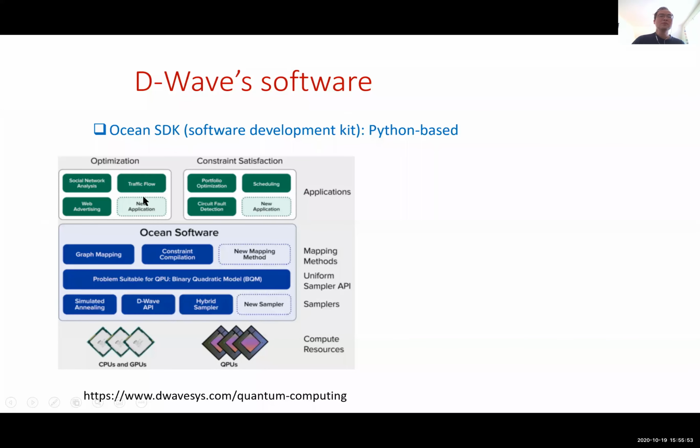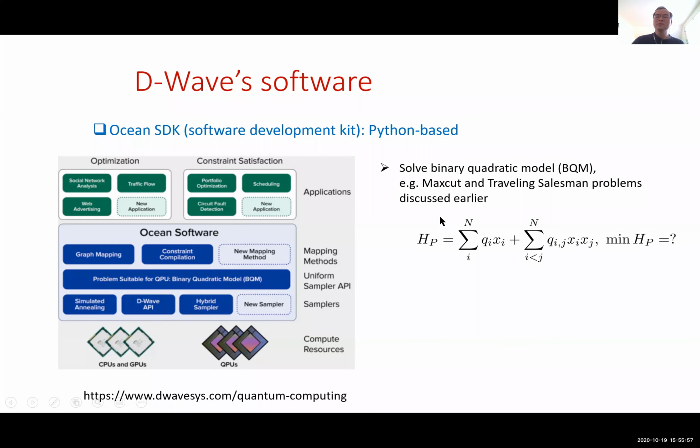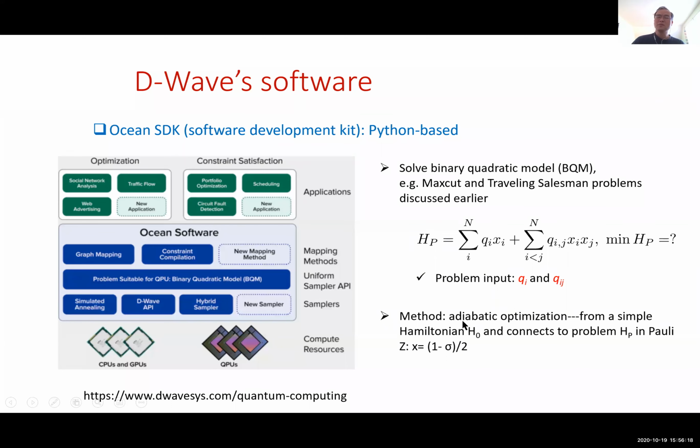They can be used to solve some optimization problems. We have seen something similar before: max cut, traveling salesman problem. We use a binary variable x, and there's some weight or some local field. We write that in terms of a classical Hamiltonian, and we can turn this into a quantum Hamiltonian.